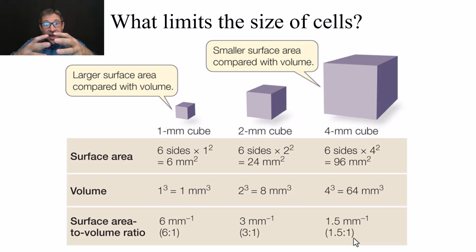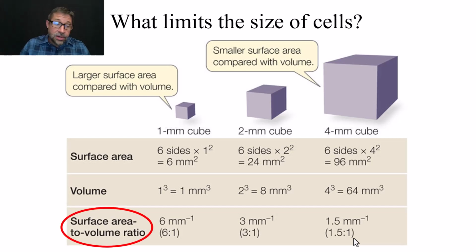So, as the size of objects increase in three-dimensional space, the volume is going to increase much more rapidly than the surface area. So, big idea here. Cells are limited in their size by their surface area to volume ratio. Small cells, like you see on your left, have a lot more surface relative to their internal volume than the larger cell that you see on your right.